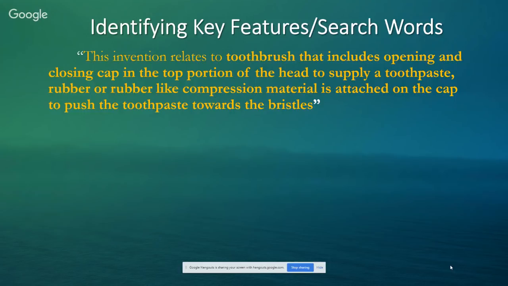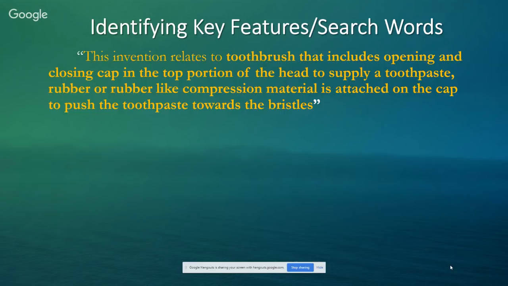And of course, this is a trivial problem, but this is a sample example that you can take a look at. So the main problem that this disclosure is trying to solve is a toothbrush with a supply of toothpaste for its use. A dispensable toothbrush where the head supplies the toothpaste, and how it supplies the toothpaste are the added features to this disclosure.